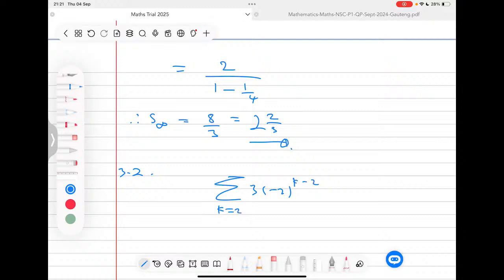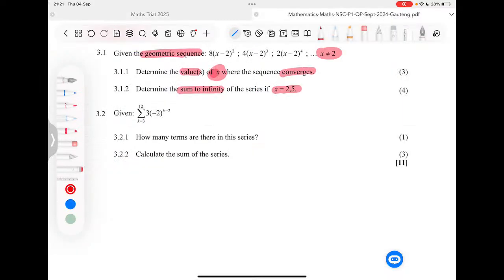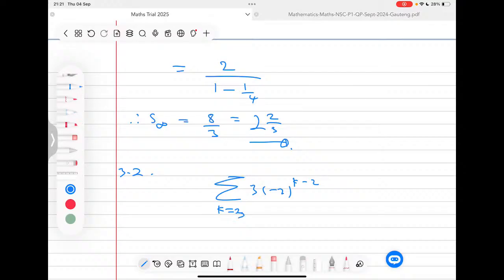And we are beginning at k equals 2, no, it's k equals 3 to 12. We are ending at term 12.